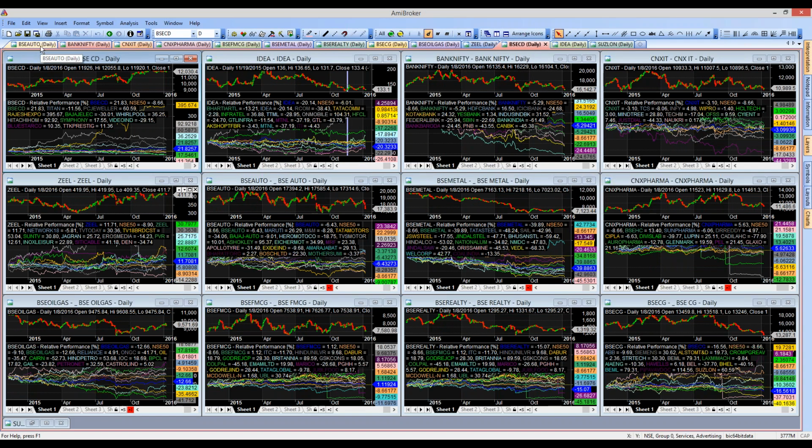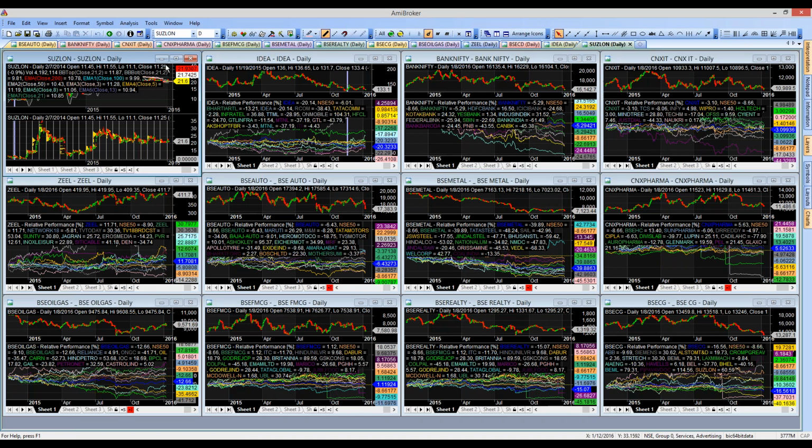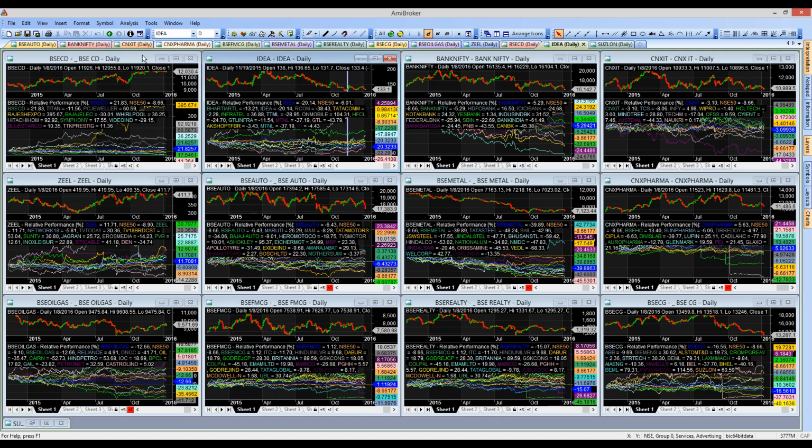So we have the BSE Auto, just inviting you to the tabs on top, Bank Nifty, CNX IT, CNX Pharma, BSE FMCG, Metal, Realty, Capital Goods, then Oil and Gas, Media, Consumer Durables, Telecom, and that's it. So those are the ones, and these are sector comparative charts. These are not individual stocks.